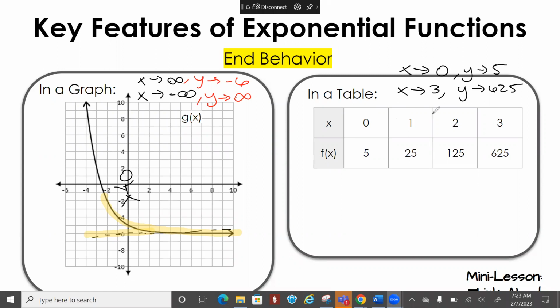If we're going to x approaches 0 from the right hand side, we're going to put a plus sign up here at the top because this means that I'm moving from the right hand side. As x approaches 3, we're coming in from the left hand side, so we're going to put a negative right here. That's just telling me the direction in which I'm moving. You normally won't see that often, but you could.